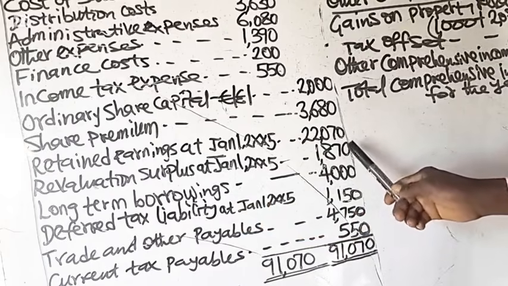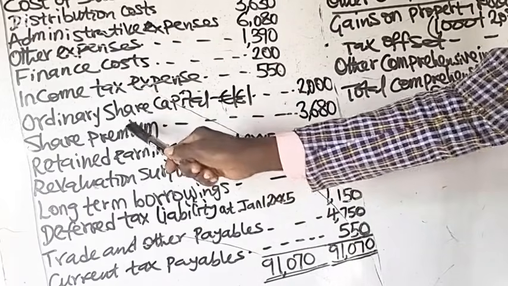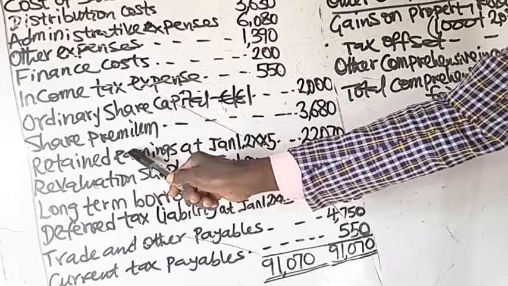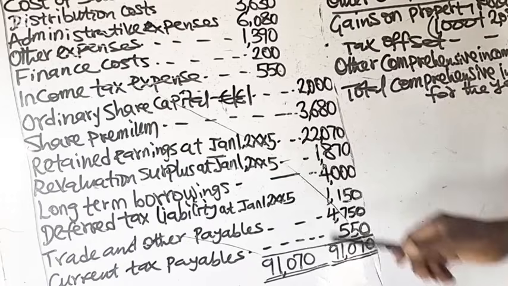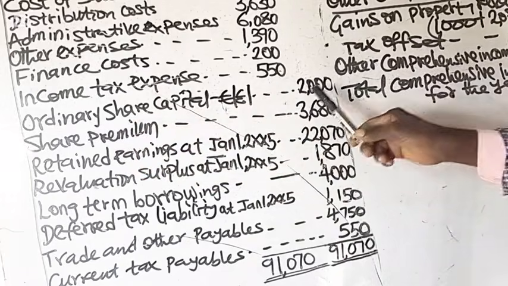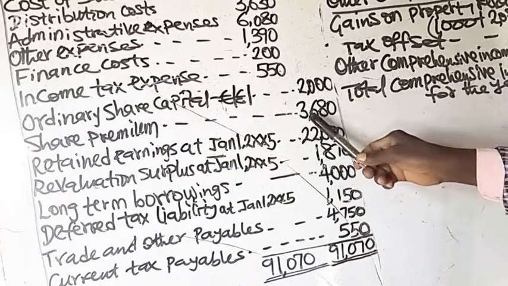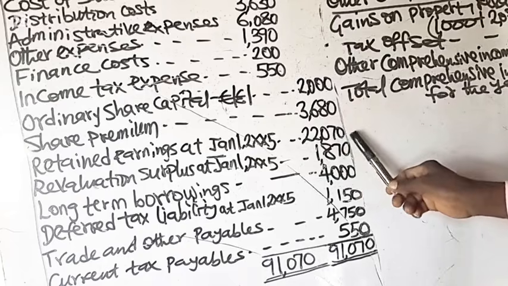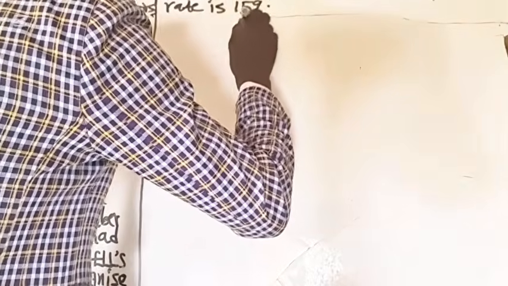So we have how many components of equity? Ordinary shares, 1, 2, 3, 4. These are the amounts involved. So we want to open a statement of changes in equity with the opening balances of 2 million, 3,680,000, 22,070,000, and 1,070,000. The name of the entity is Lease.